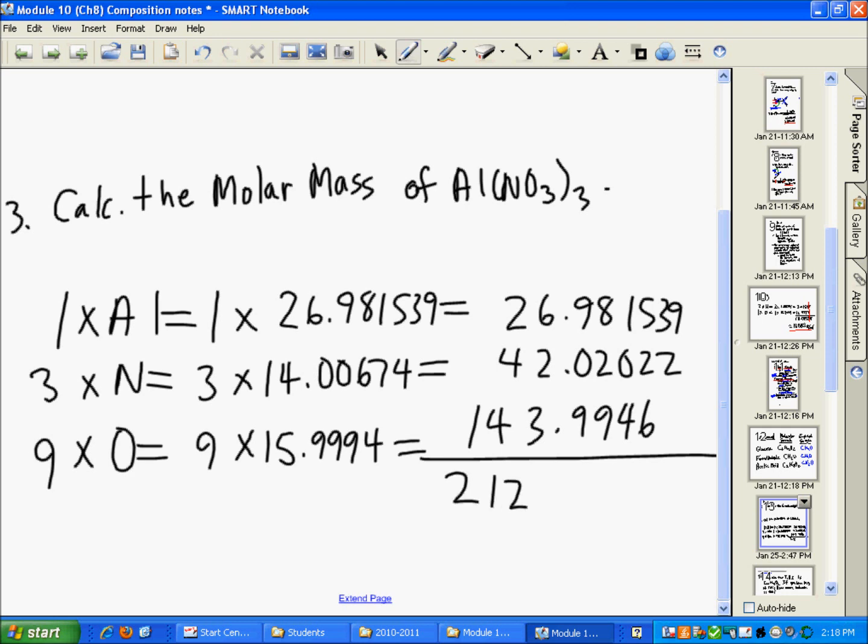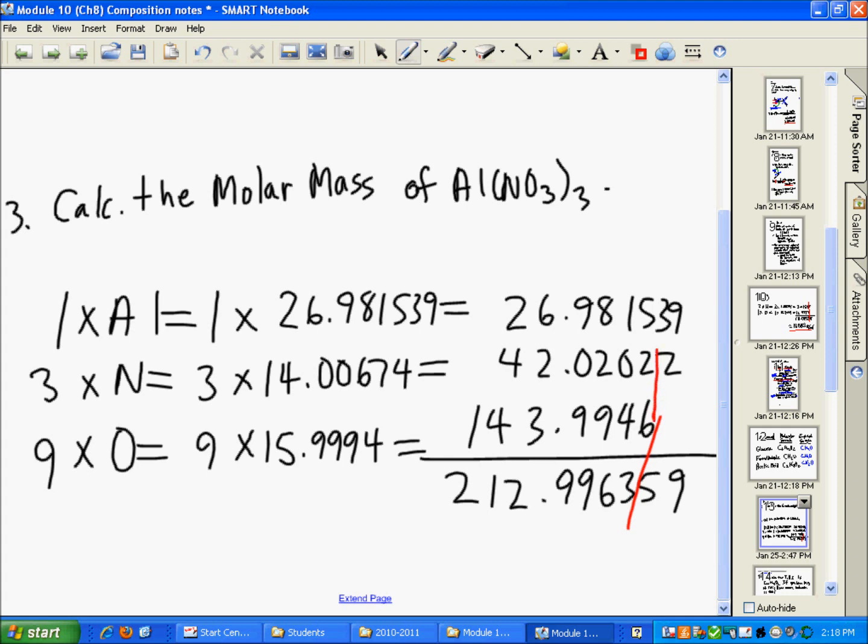212.9966359. And where should we round that? Because we're adding, we have to find the last significant figure, which is going to be at this 6 here.